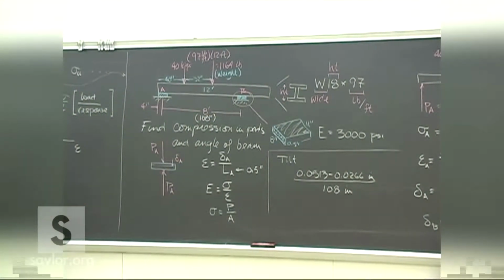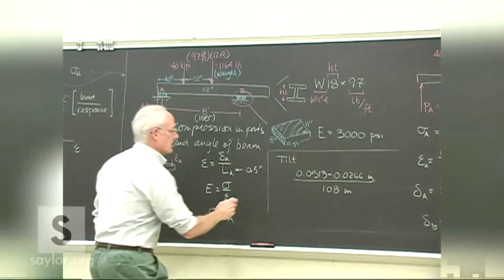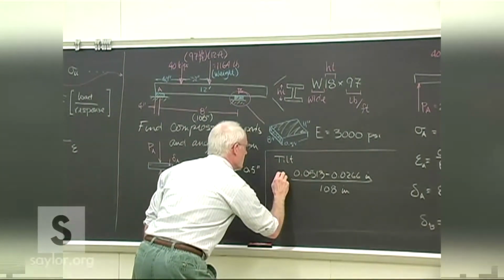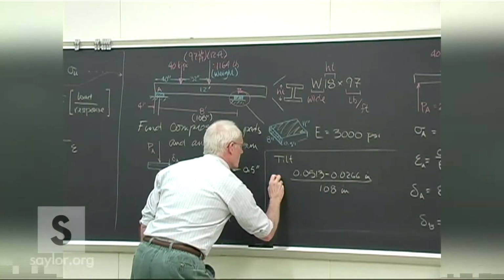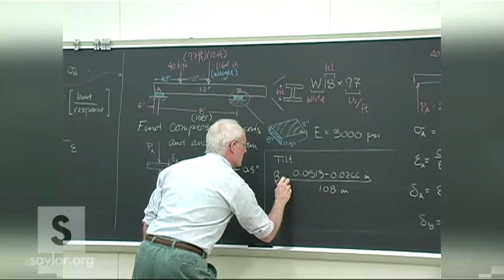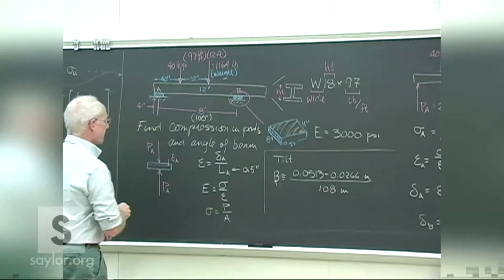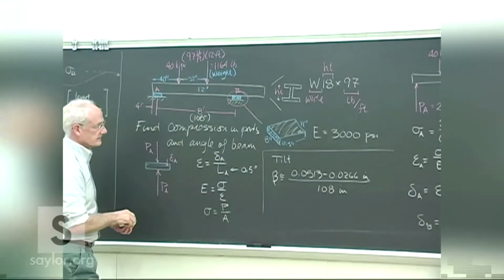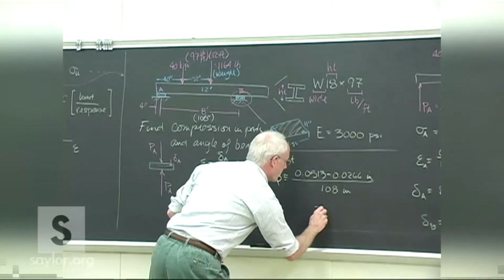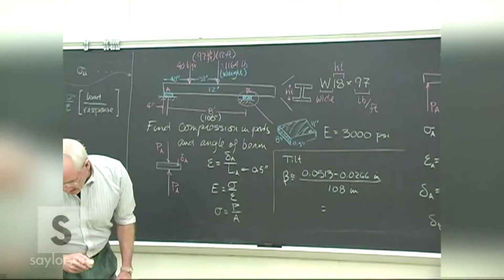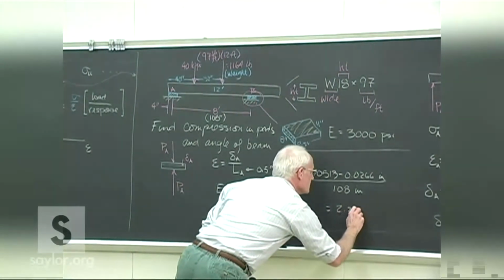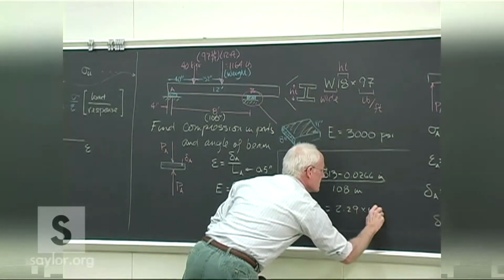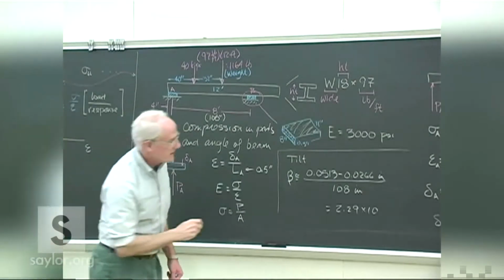That'll essentially give us the angle. It's actually the tangent, but it's a very small angle. Maybe I'll call it beta. And that comes out to be about 2.29 times 10 to the minus 4th radian.